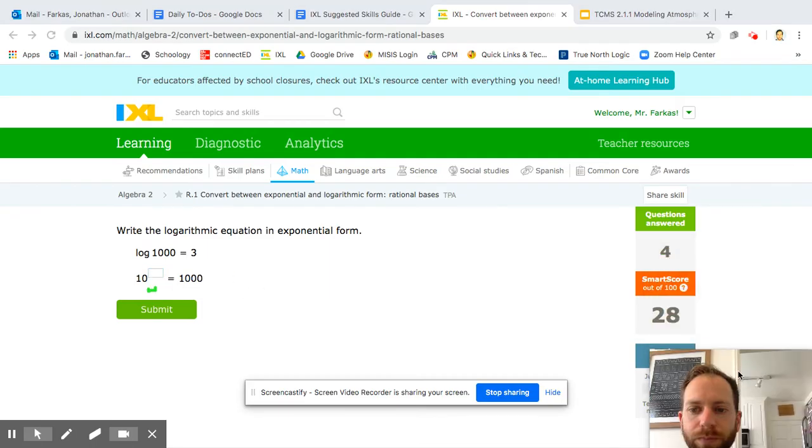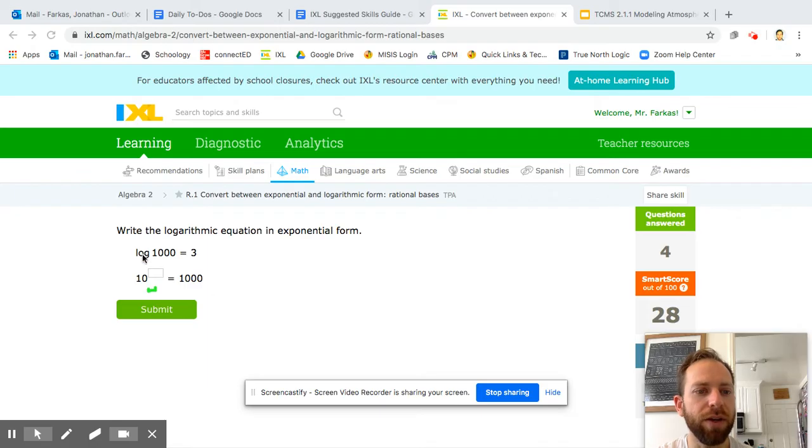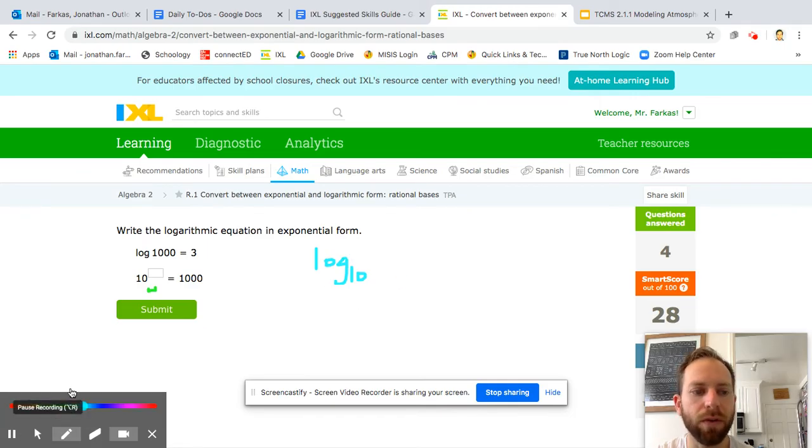So here we have log of 1000 equals 3. Now what this doesn't show you is that there's no base written here, you see how there's no base for this one? If there's no base, then you have to know that there's an invisible 10 there, because the number system that we use is a tens based number system.